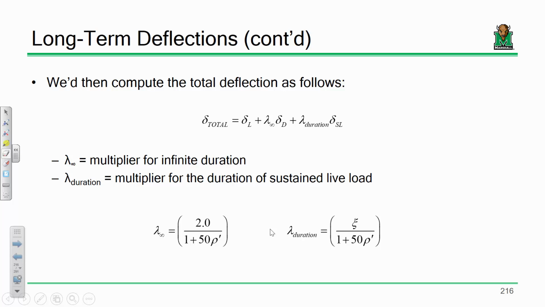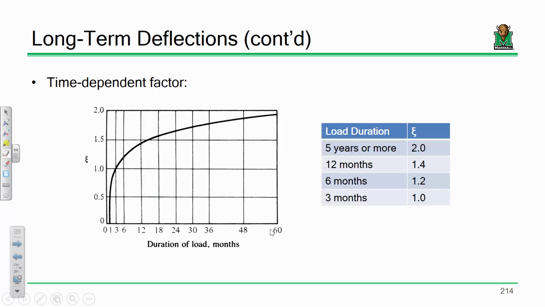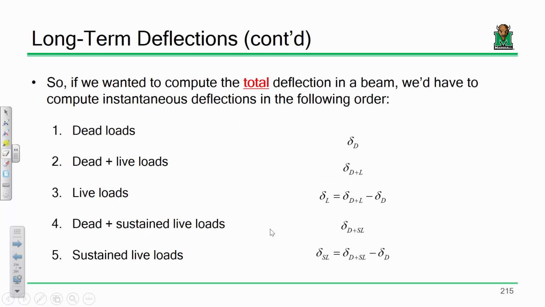I might have a sustained load that's on there for 9 months, but my dead load is on there forever. The self-weight of the beam is always there. So when I adjust my dead load deflections, I'm always using a time dependent factor of 2. Why? Because that's my ceiling on that graph, and dead loads are always there forever.